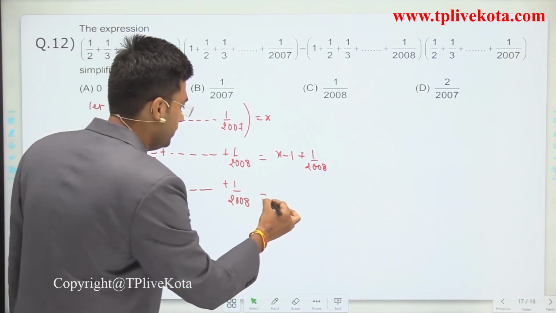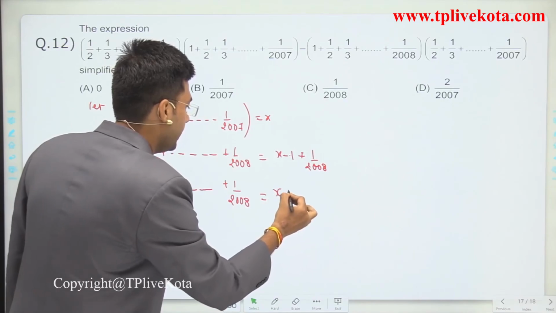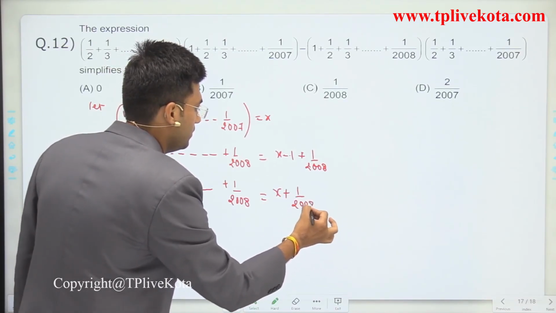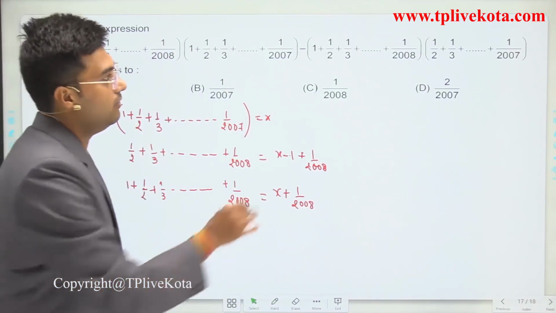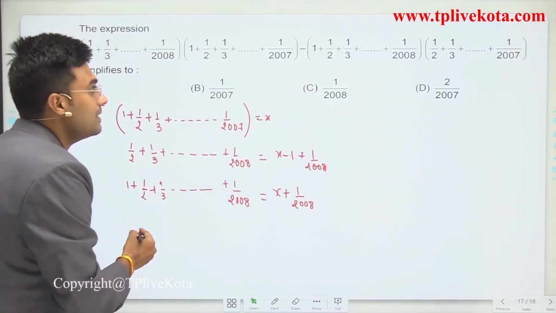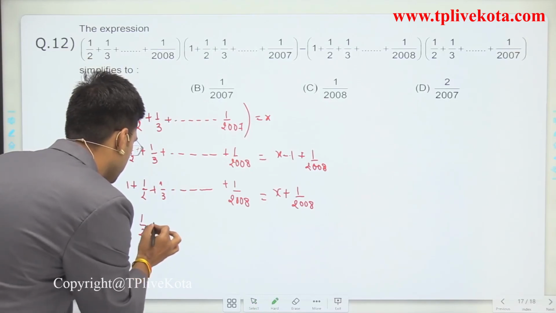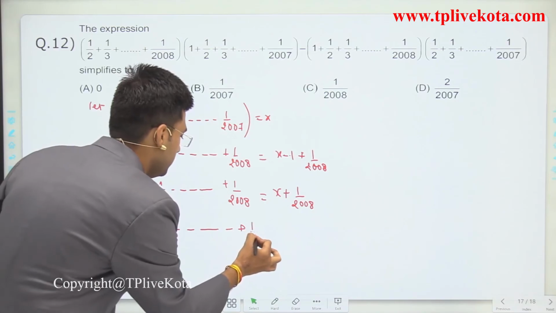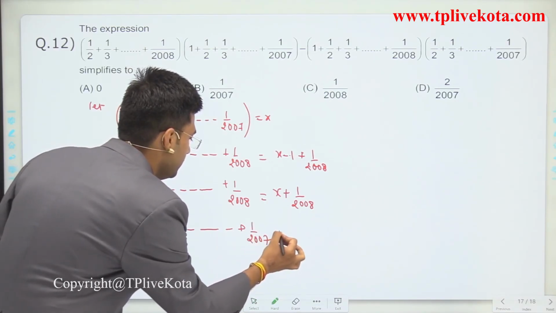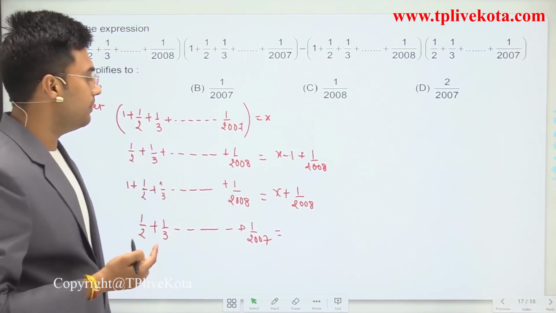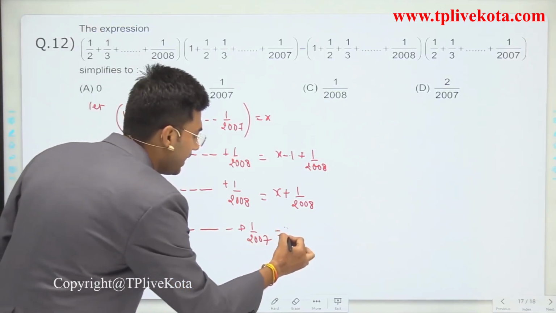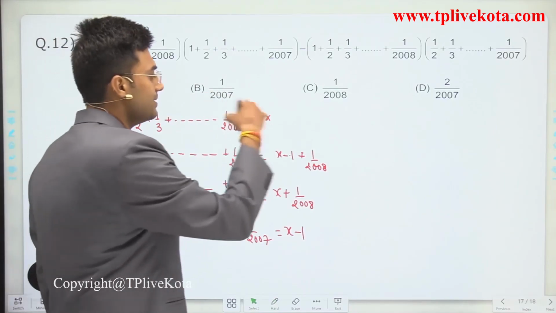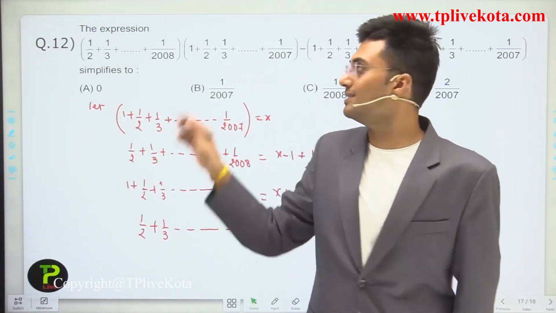So it is equal to x plus 1 upon 2008. Clear? Now come to this. The last is 1 upon 2 plus 1 upon 3 up to 1 upon 2007. So by comparing with the first term, we can write it as x minus 1. Okay. Now replace all these terms in this expression.